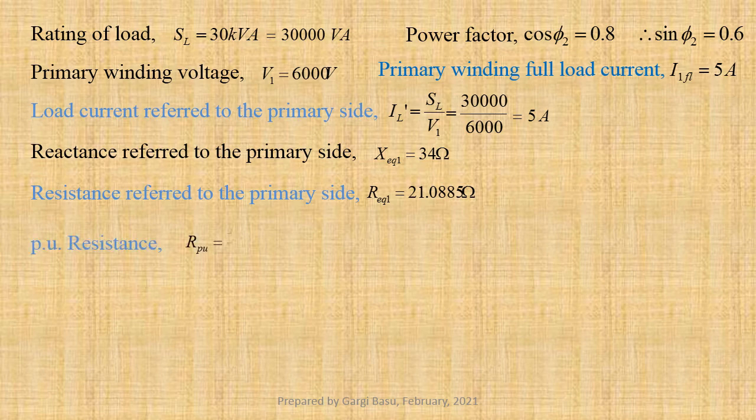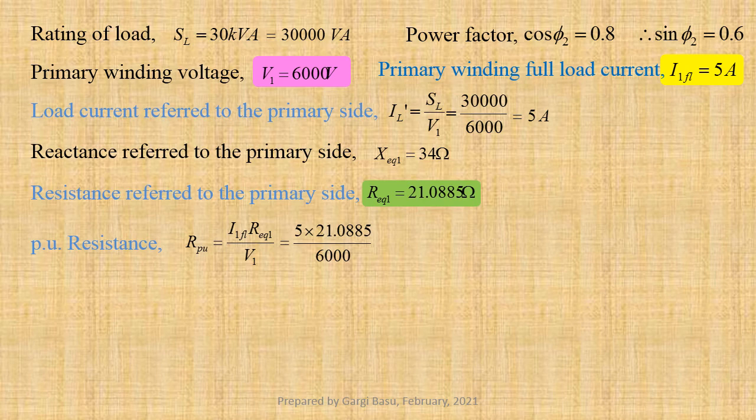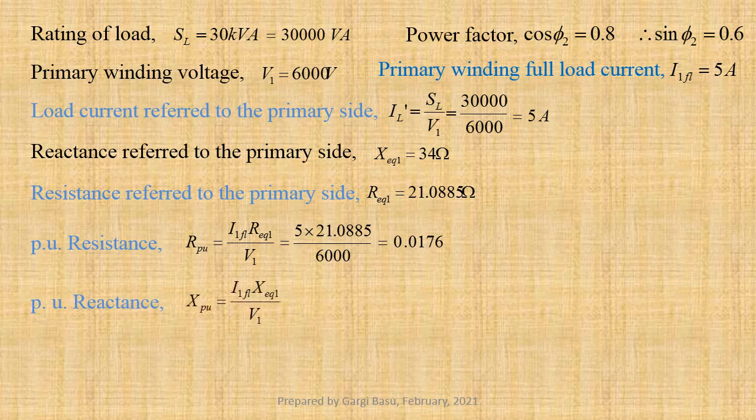R per unit equals I1FL REQ1 divided by V1, that is equal to 5 into 21.0885 divided by 6,000, that gives us 0.0176. Per unit reactance X per unit equals I1FL XEQ1 divided by V1, that is equal to 5 into 34 divided by 6,000, that gives us 0.0283.